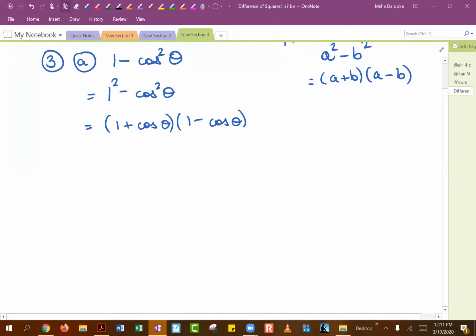All right, now let's think about how we are going to factor part B, which is 2 times cosecant squared theta minus 7 times cosecant theta plus 6. If it helps, instead of cosecant, put an x in there. So if you have 2x squared minus 7x plus 6, how would you factor it?